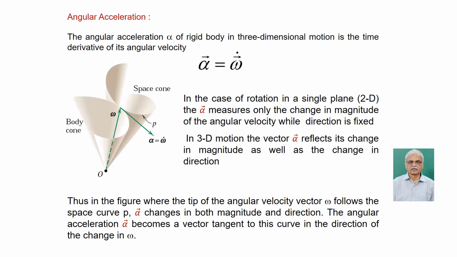So what we have here is a space cone in general, or a body cone in general. It need not be as simple as that; it can even be complicated. In particular, this is a vector omega, and in space it is going to travel.